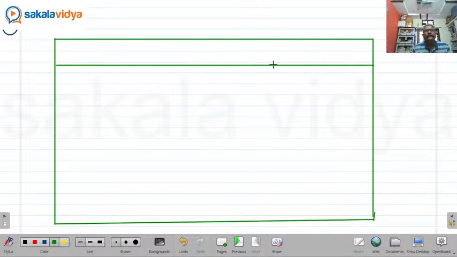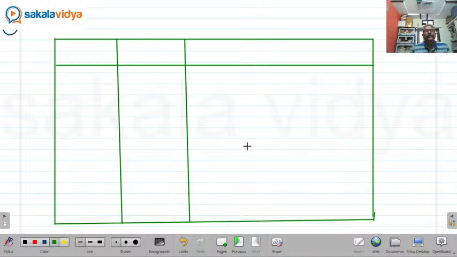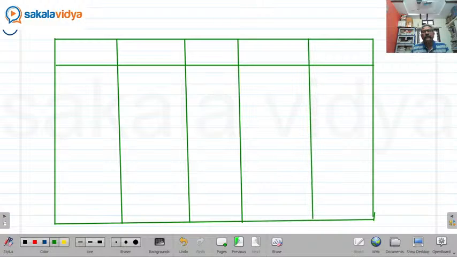Five columns. 1, 2, this is class mark, this is UI, this is FI UI.